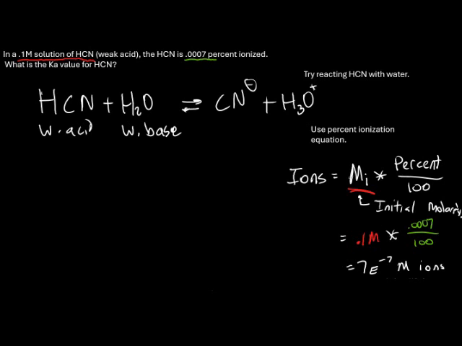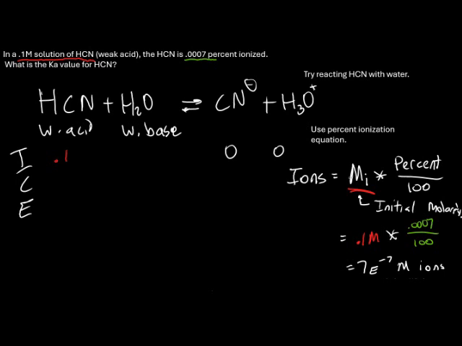With this information, we can set up an equilibrium table, or ICE chart, as some people say. Our initial molarity of HCN is 0.1, and somewhat counterintuitively, we will have 0 to start out with for CN negative and H3O plus.